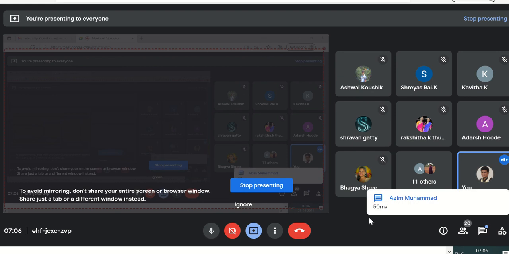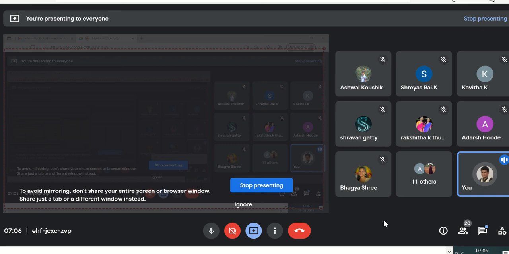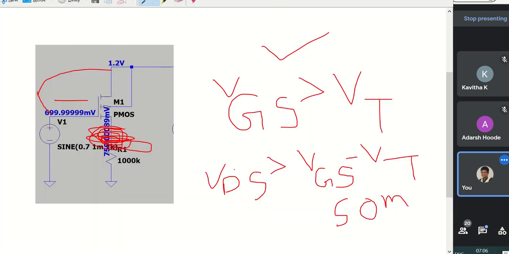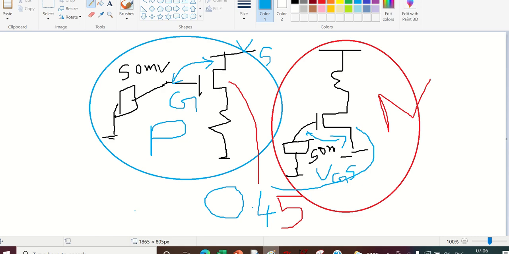Correct, this is NMOS. What is the same thing in case of PMOS? For NMOS it is 50 millivolts. Done. Oh, so VS here is 1.2.